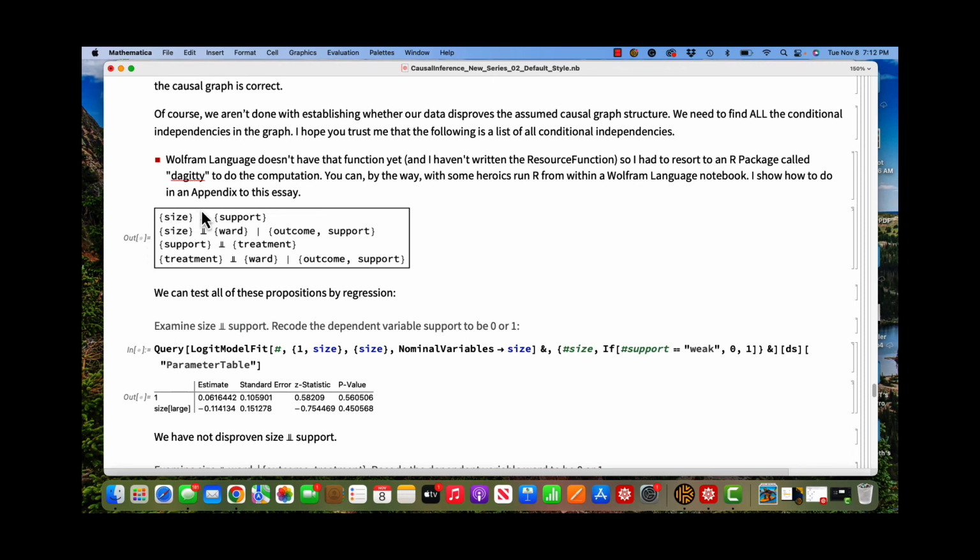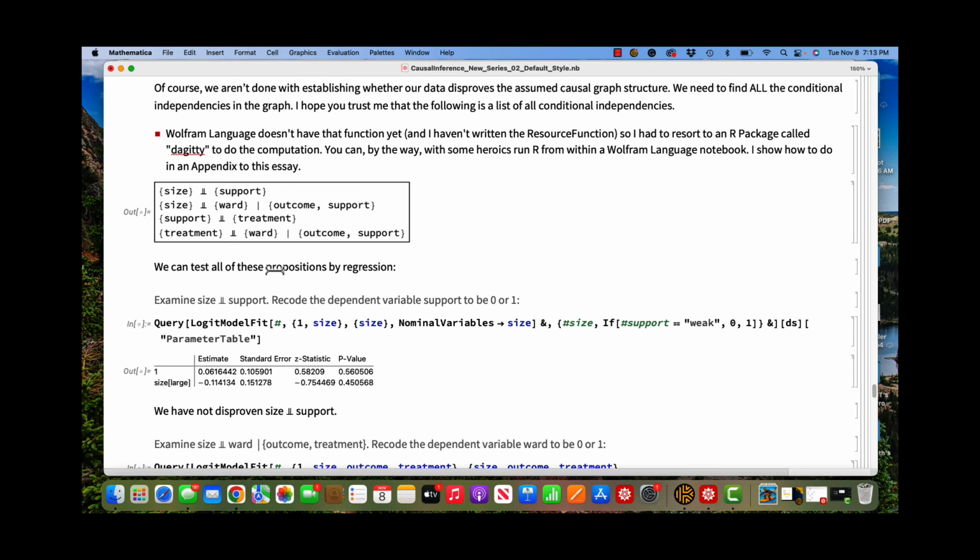It says that size should be independent of support, and size should be independent of ward, conditioned on outcome and support. That's what we just figured out by hand. Support should be independent of treatment, and treatment should be independent of ward, conditioned on outcome and support. And so we can actually test each of these four propositions.